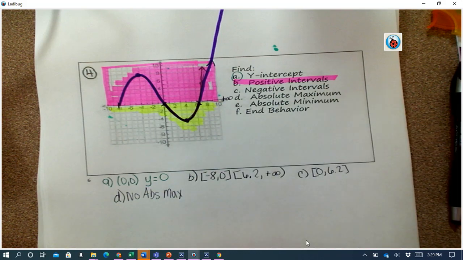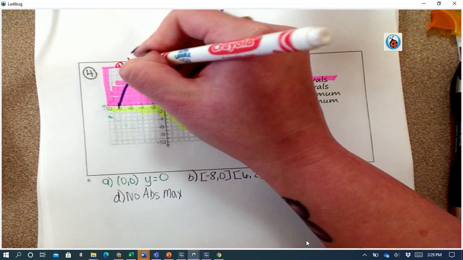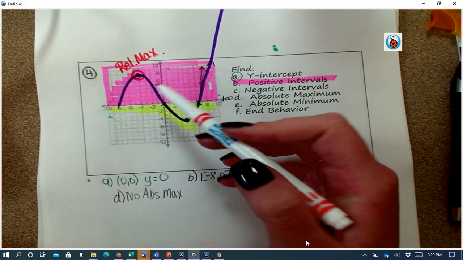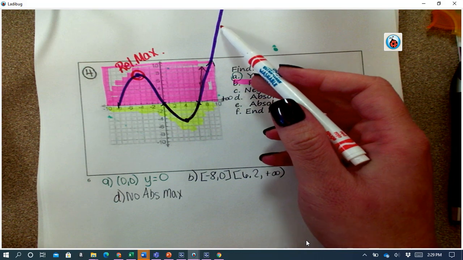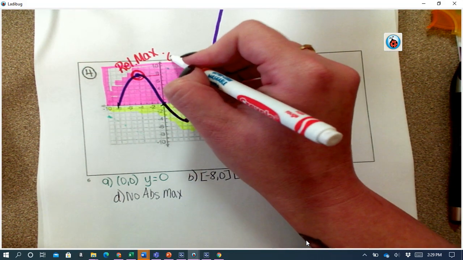This other high point, this other peak, would be a relative maximum if this problem asked you for it. A relative maximum is just any high point, just not the highest. And this would have been the point -4.8.